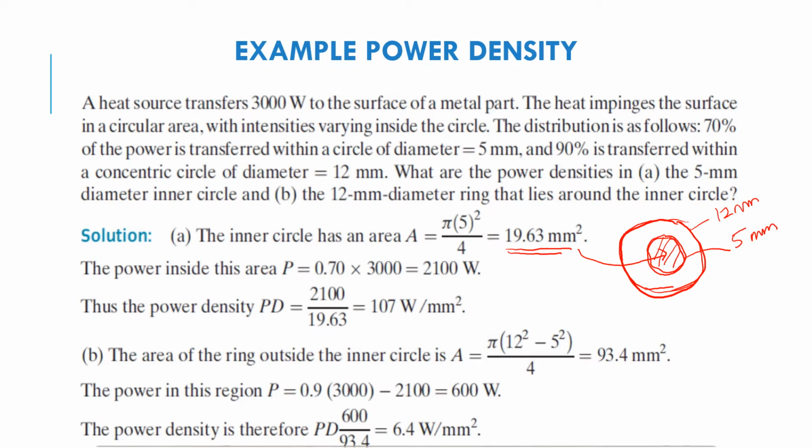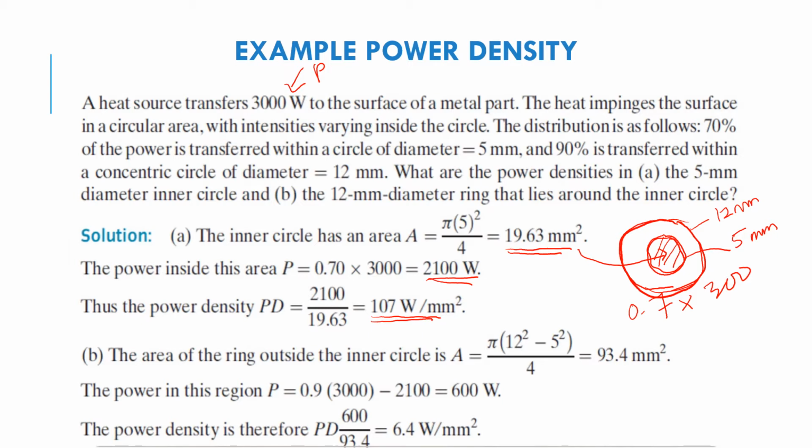The power inside this area, P, is distributed at around 70%, so 0.7 times the 3000 watt power, which gives you 2100 watt. Thus the power density will be 2100 divided by the area, 19.63 mm squared, so you get around 107 watt per mm squared.